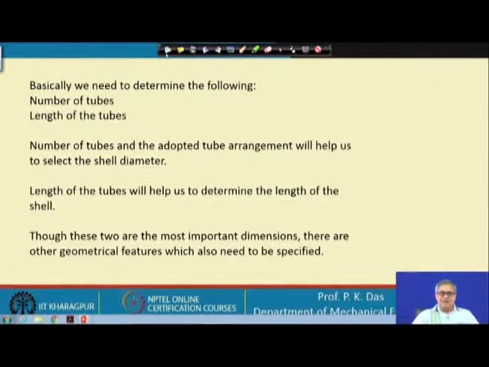But mechanical design is not within the purview of the present course. We will concentrate on thermohydraulic design, more precisely the methods of analysis to arrive at a thermohydraulic design. This is what we are going to do, and we are proceeding slowly towards that.